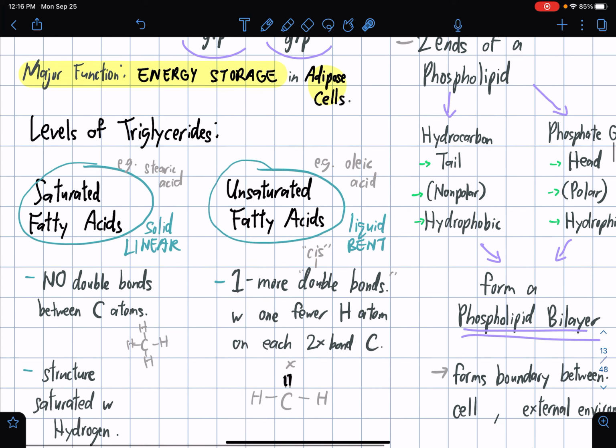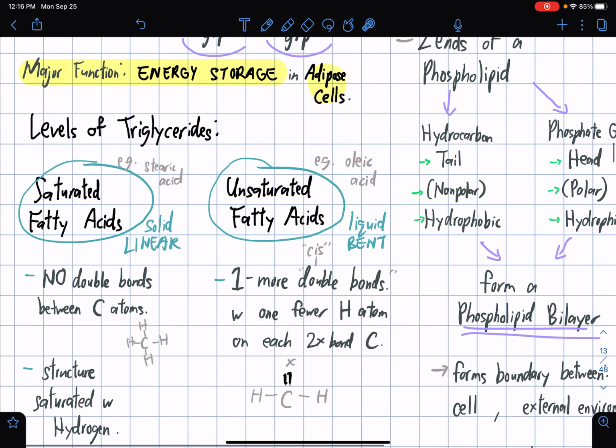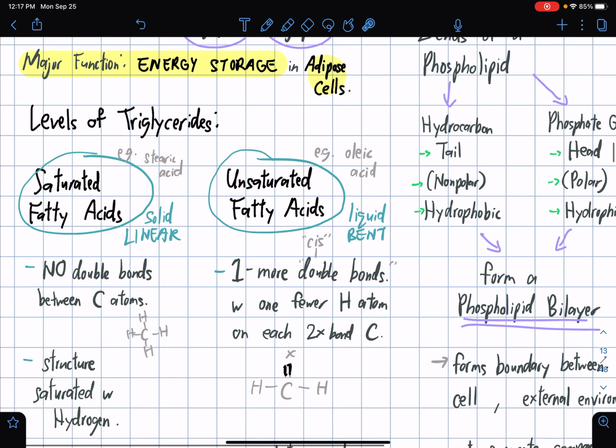Now, triglycerides basically have two kinds: saturated fatty acids and unsaturated fatty acids. For saturated, one example is stearic acid. It's basically a fatty acid without double bonds between carbon atoms.